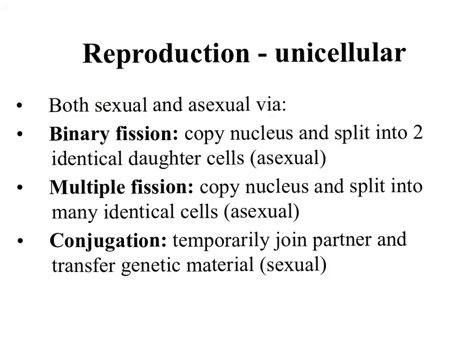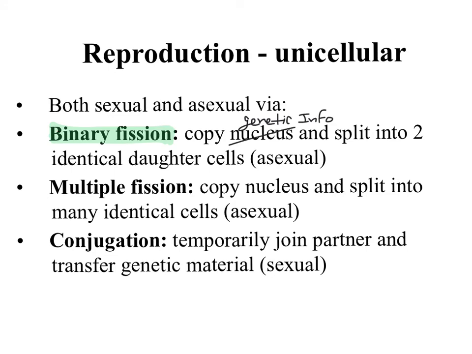Now, protists, our biological junk drawer, will use tons of different types of reproduction. So here are some reproduction methods of unicellular organisms. And you might be familiar with some of the terms. So the first is binary fission, which I've compared to mitosis.